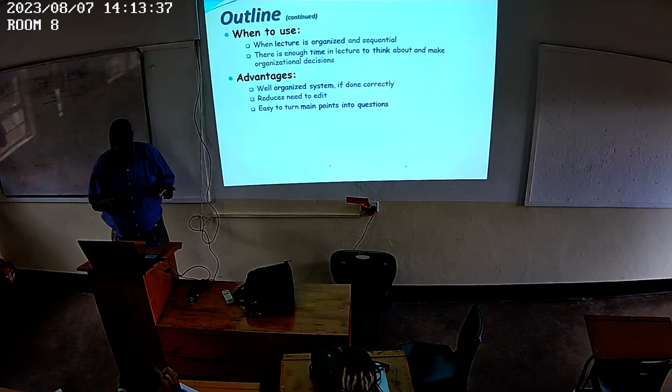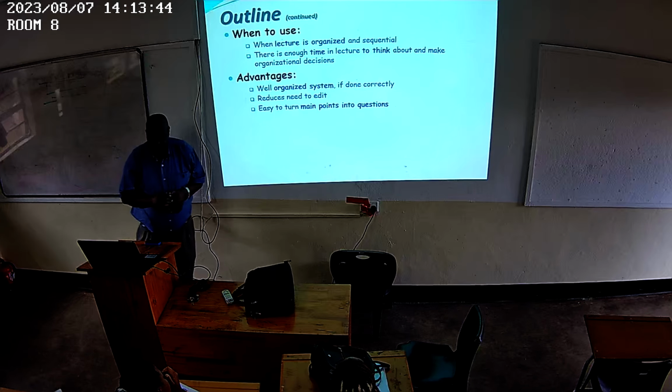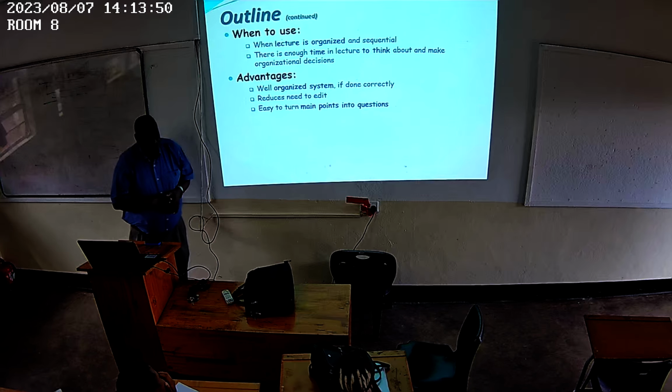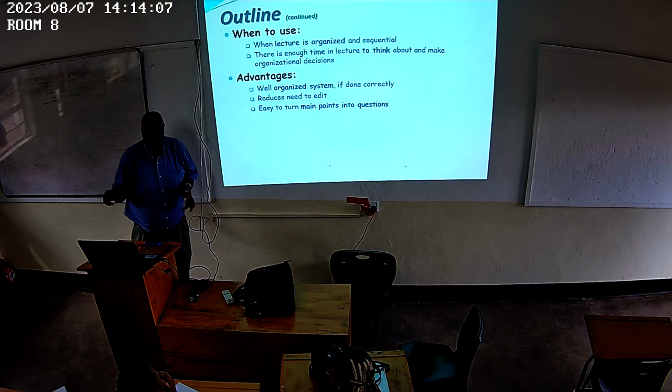So this one reduces that. It is easy to turn the main points into questions. So when you are revising, it's very easy to turn those main points that you have into questions. And then the sub-points now will become the answers that you are going to give.